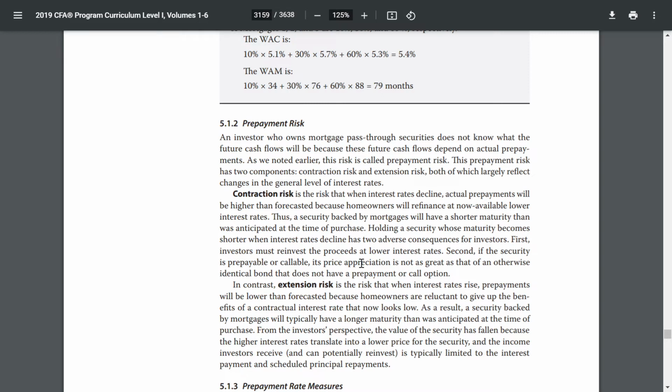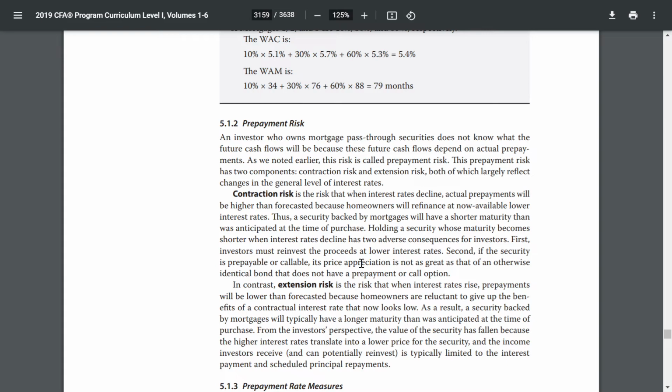An investor who owns mortgage-backed securities does not know what the future cash flow will be, because these future cash flows depend on the actual prepayment. As we noted earlier, the risk is called the prepayment risk.